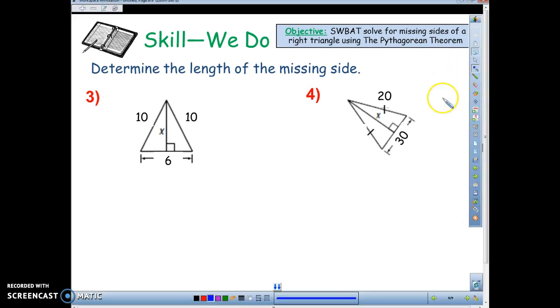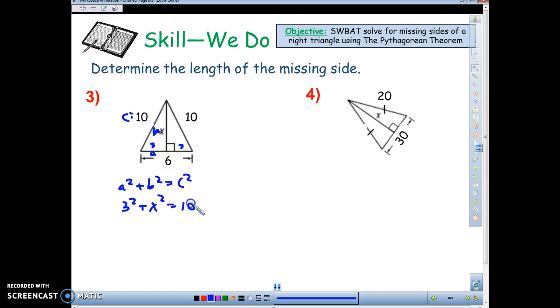Okay, hopefully you have tried these problems. Looking at these two problems here, I'm told that this whole side is 6, which means that this side here is 3 and 3. If I want to solve for this side, this is going to be A, this is going to be B, and this side will be C. So I get A squared plus B squared is equal to C squared. Well, A is 3, B is X, and C is 10.